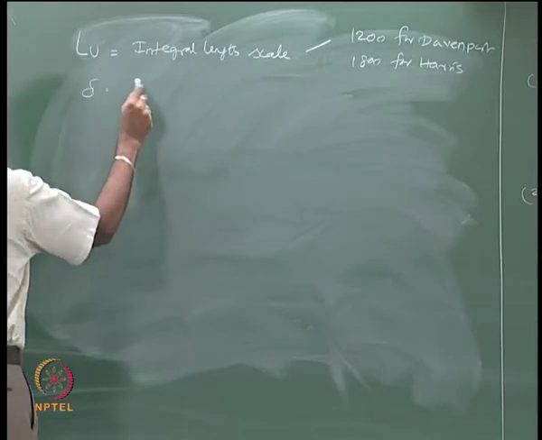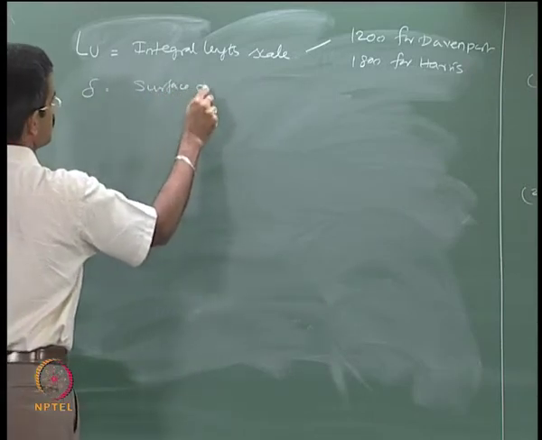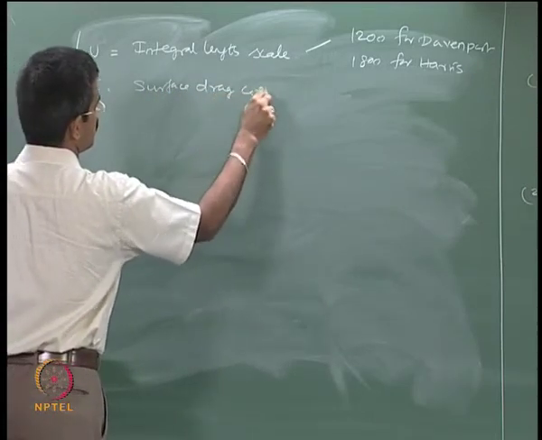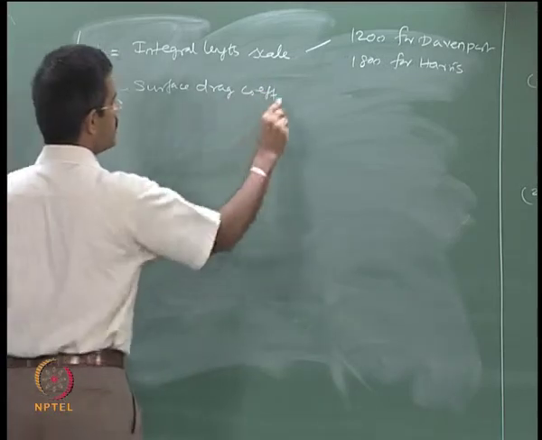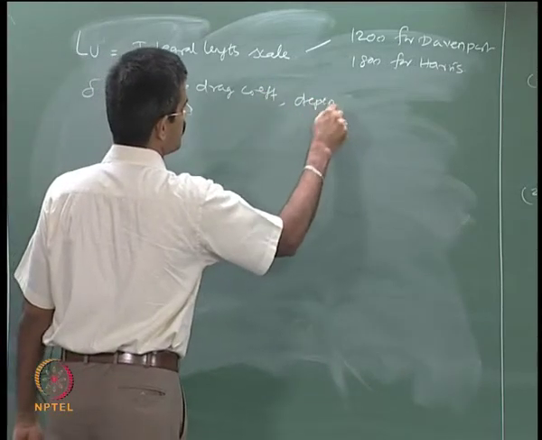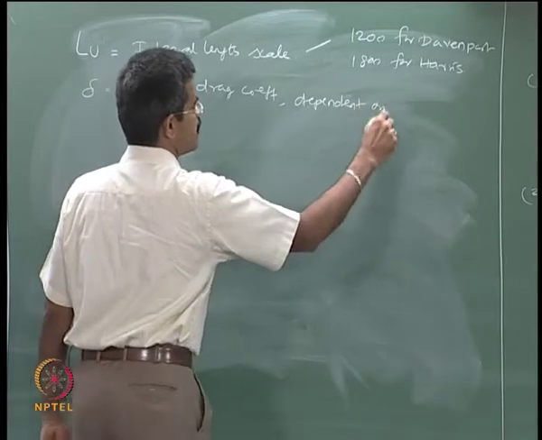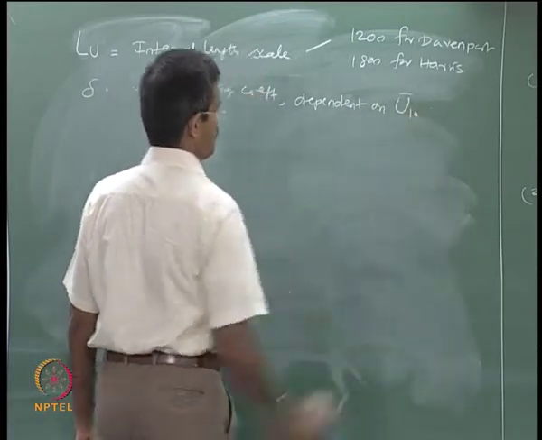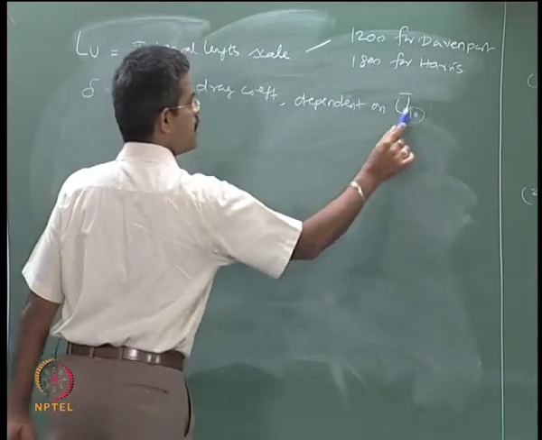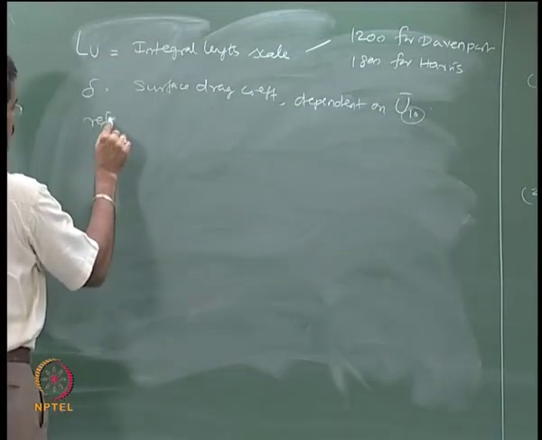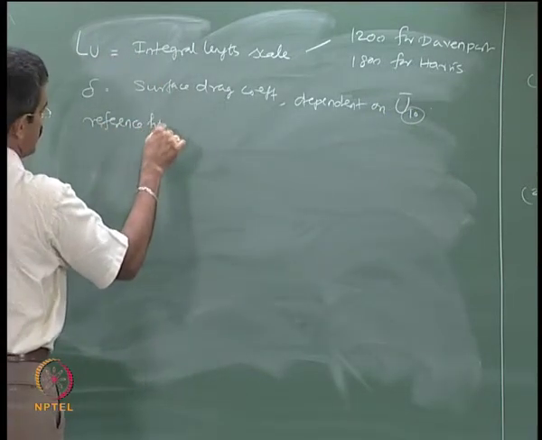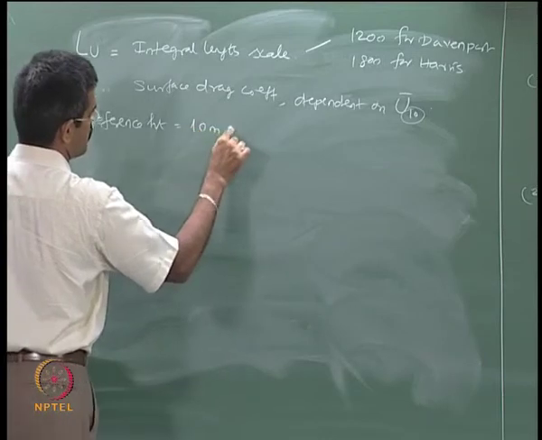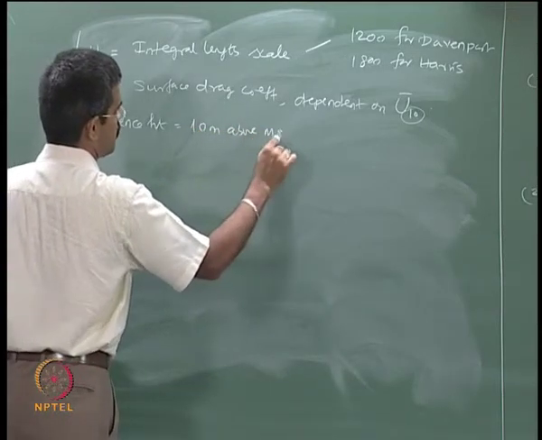Delta is called the surface drag coefficient, which is dependent on u bar. The value 10 here is what is called the reference height, 10 meters above the mean sea level.